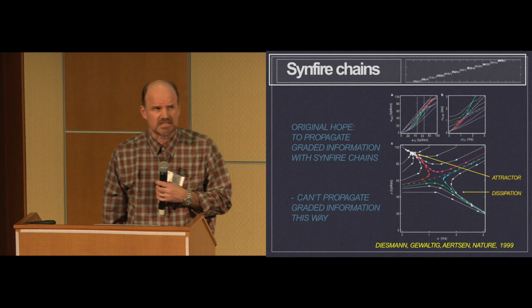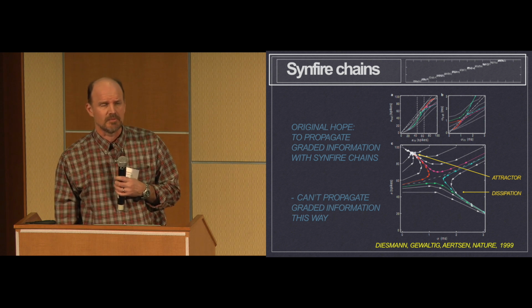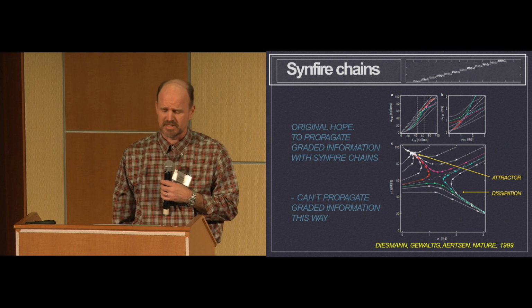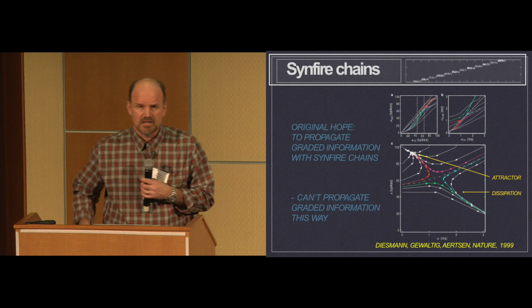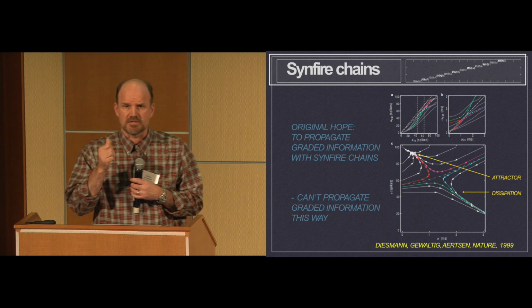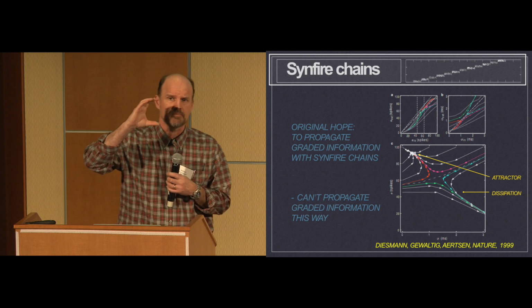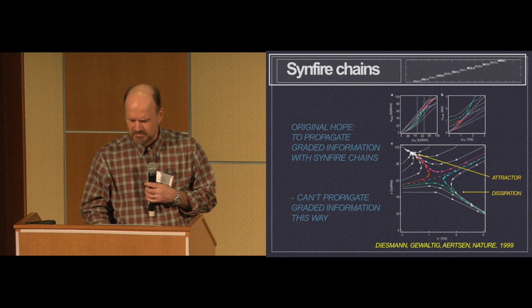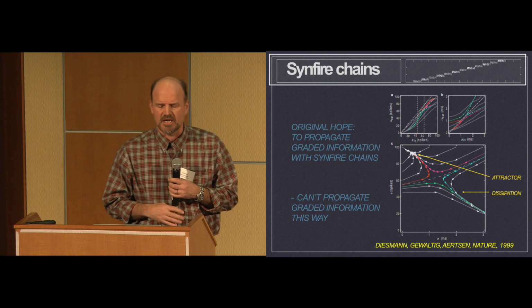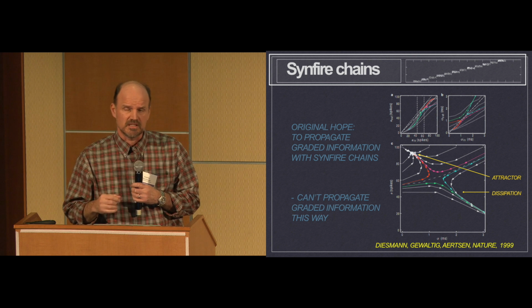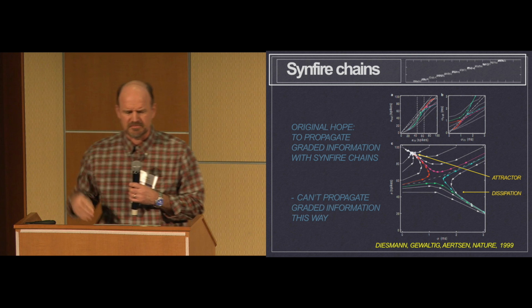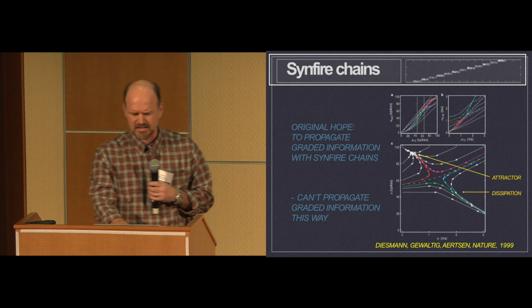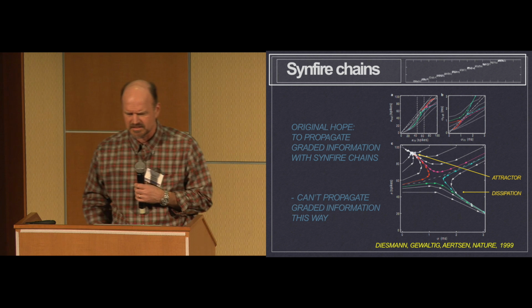The problem is that we know from experiments like those of Hubel and Wiesel in the visual cortex and many other places that the brain deals in graded information. Firing rates are important, so the amplitude of a firing rate is something that has meaning. For a Synfire chain, think of the envelope of the Synfire chain as having an amplitude, which here is the y-axis, and a standard deviation, which is the x-axis.